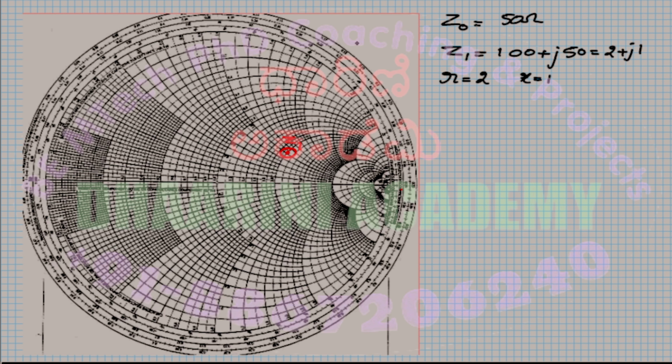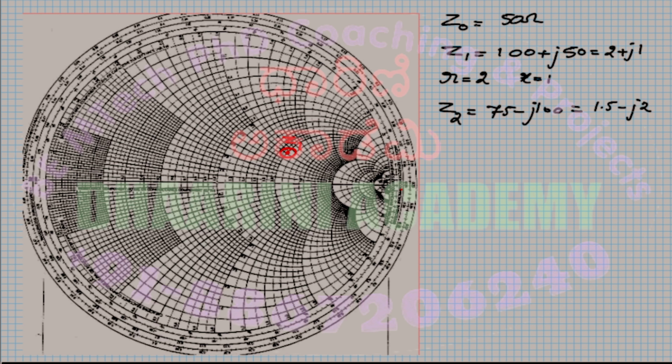All right, let's move further. I want to mark Z2 equal to 75 minus J100. So what do you do? This has to be divided by 50. When you divide this by 50, I'm going to get 1.5 minus J2.